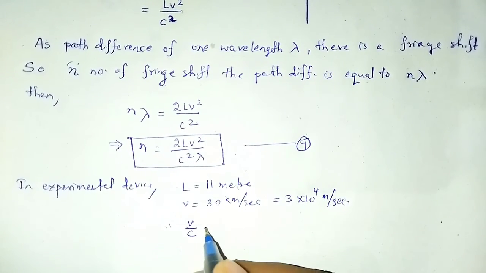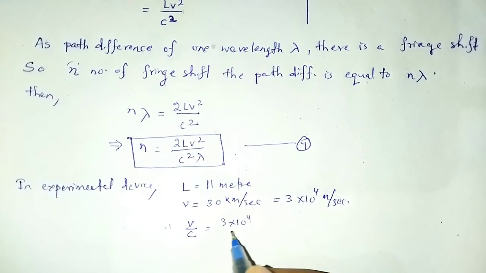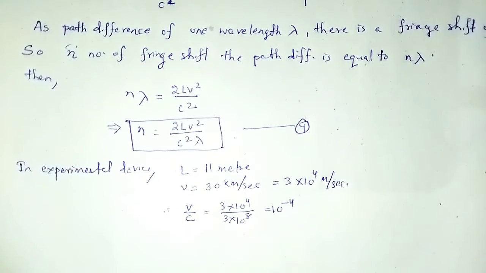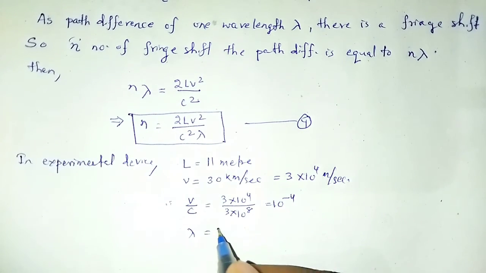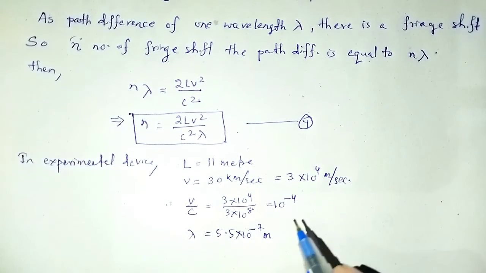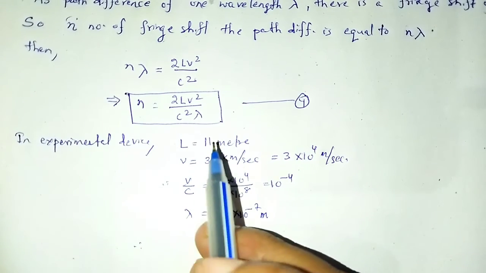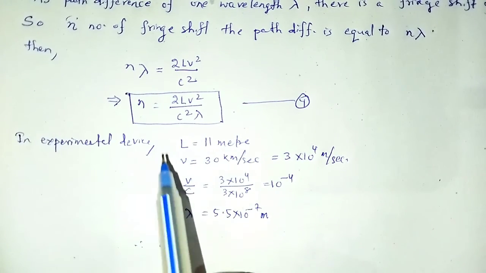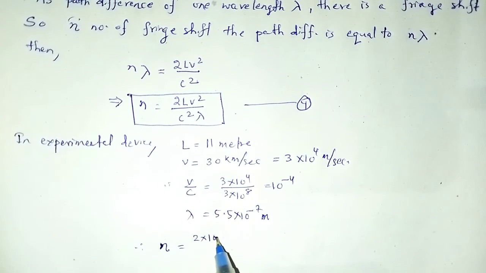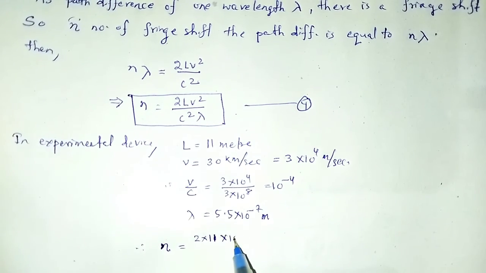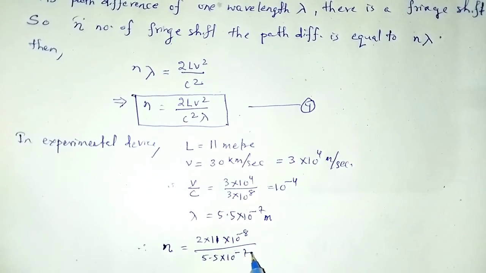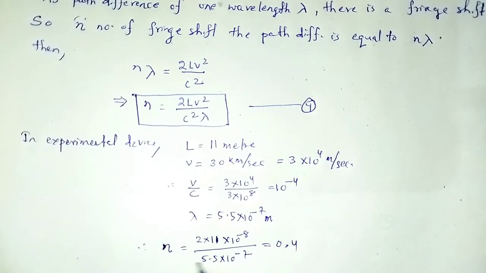Therefore, V by C is 3 into 10 to the power 4 divided by 3 into 10 to the power 8, which is 10 to the power minus 4, and the wavelength of light is 5.5 into 10 to the power minus 7 meter. Putting these values in the equation, the number of fringe shifts is equal to 2 into 11 into 10 to the power minus 8 divided by 5.5 into 10 to the power minus 7, that is equal to 0.4.